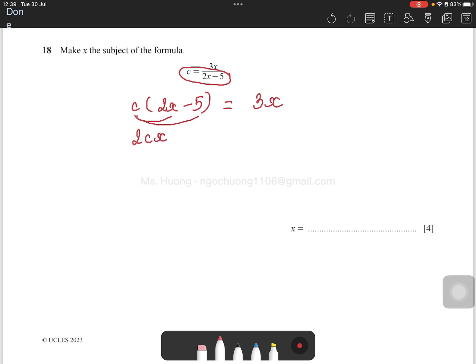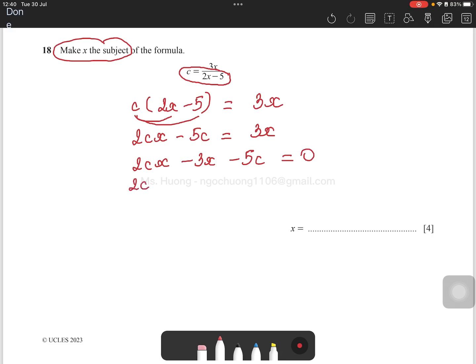Then c times negative 5 is minus 5c. Equals 3x. And we want to make x the subject, so I will subtract 3x from both sides.